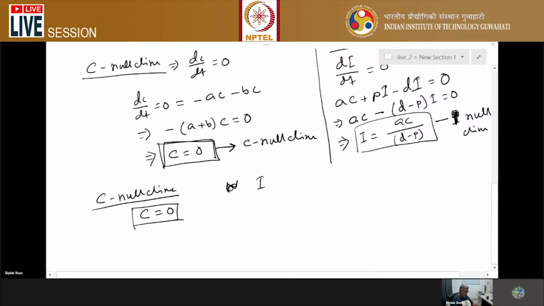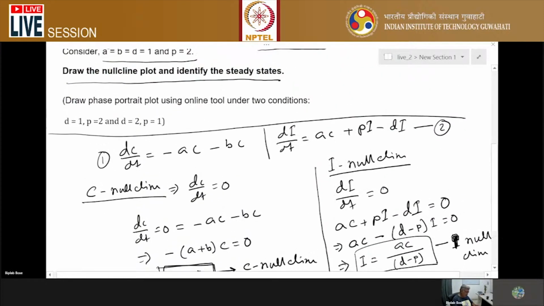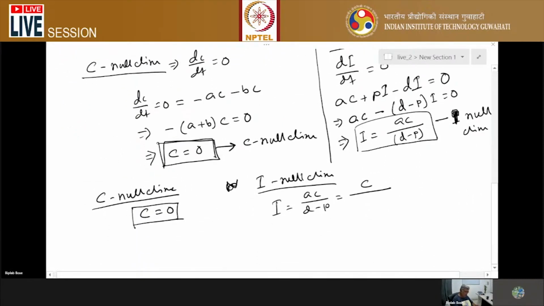I null-line is I equal to AC by (D minus P). A is 1, so 1 into C is C. D is 1, P is 2. So 1 minus 2. So I can write this is minus C. So I equal to minus C is my I null.